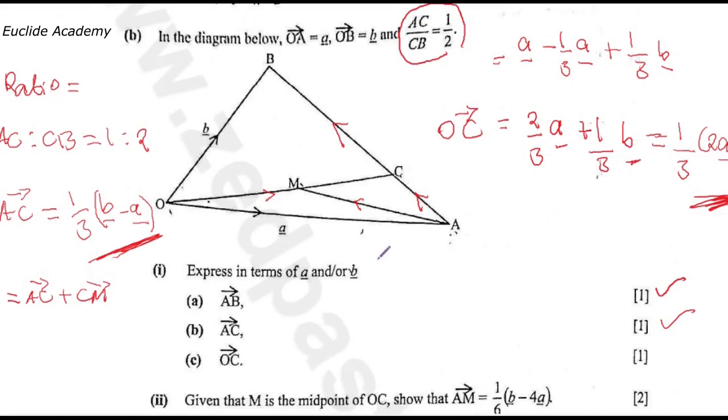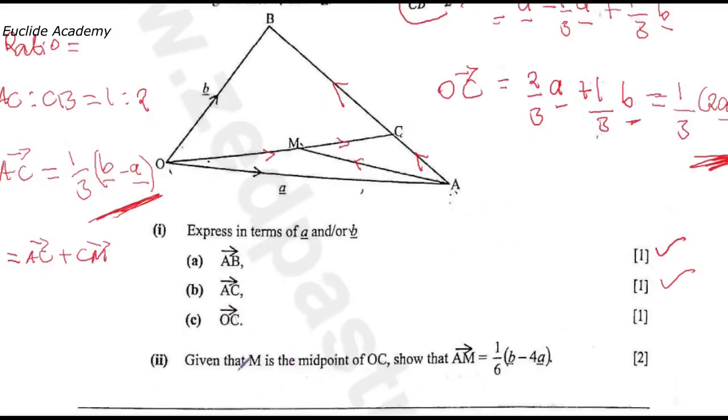Next, we're now going to find the vector CM by first finding the vector MC. Remember, when it comes to vectors, they're defined by direction and you have to maintain that direction. The only thing we have here is OC, going in this direction from O to C, and they've told us that M is the midpoint of OC.